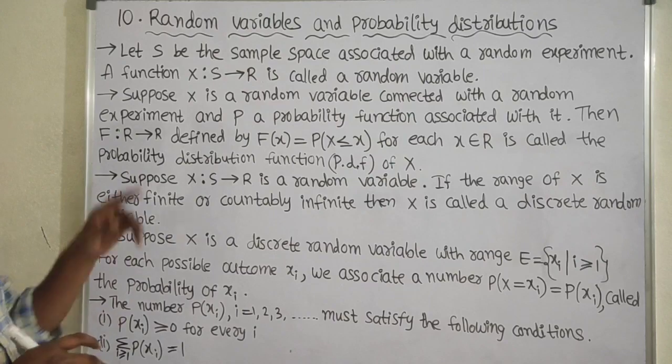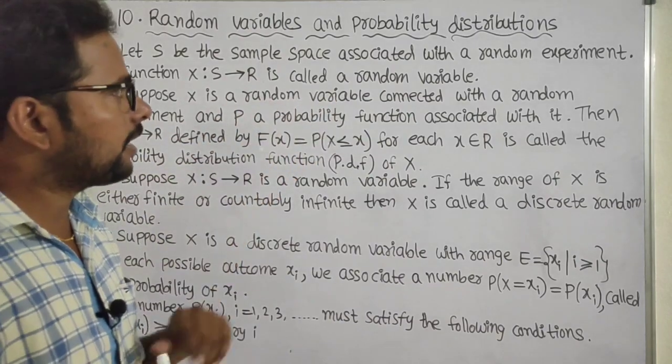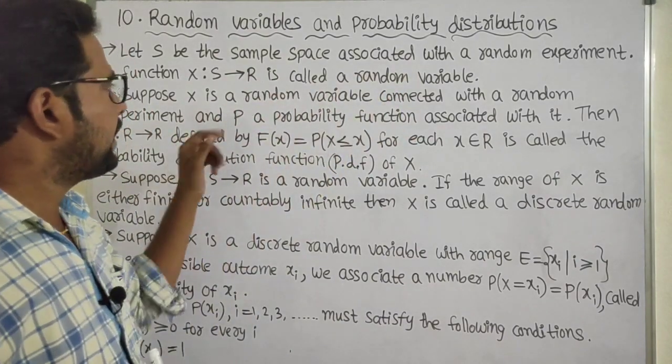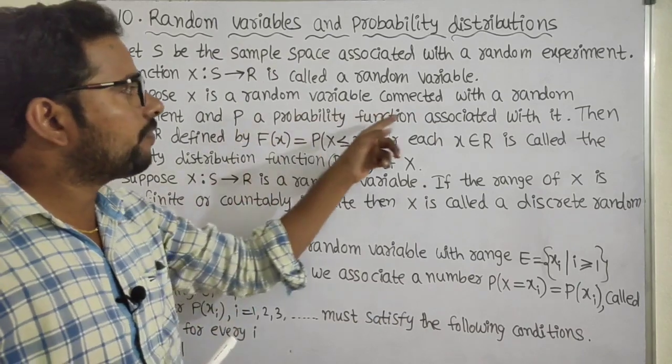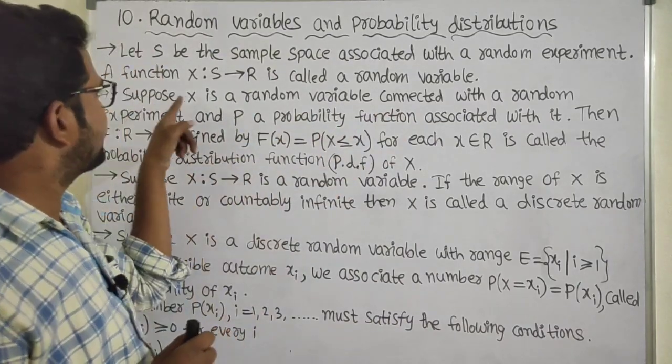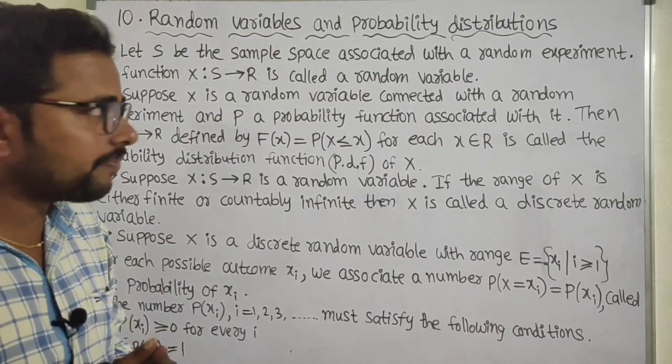Second definition: suppose X is a random variable connected with a random experiment and P is a probability function. What is a random variable?